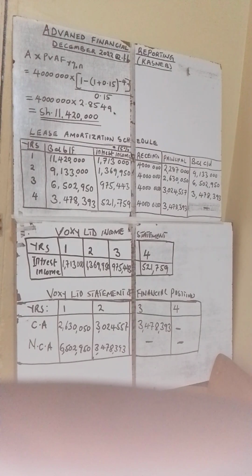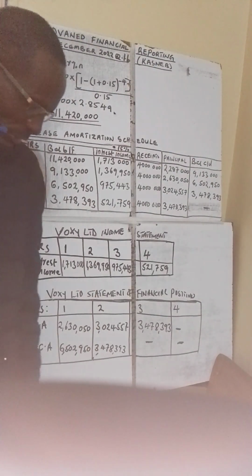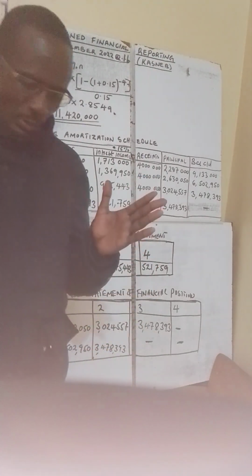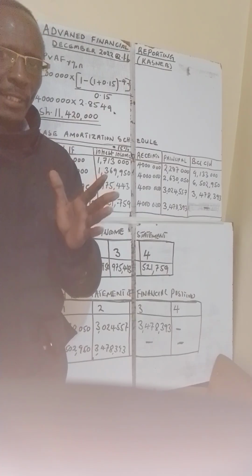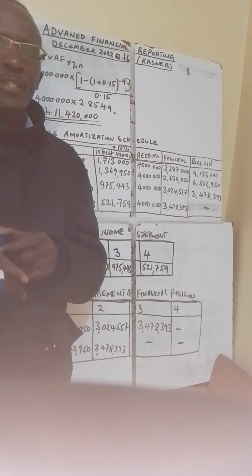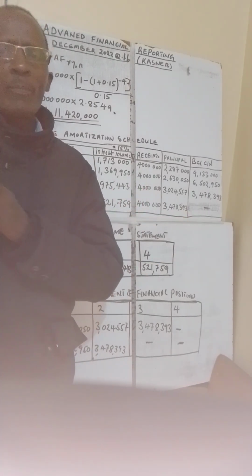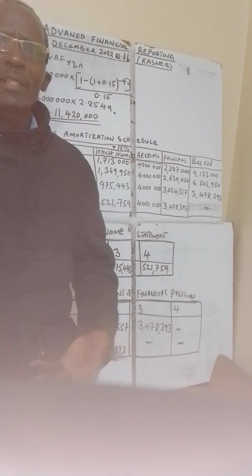There are situations whereby a person needs a particular asset, but you want to use it for only a few days or a few years, and this asset is very expensive. So why should you purchase an asset costing that million and you are using it for only 1 year or 5 years? So where will you take this asset?